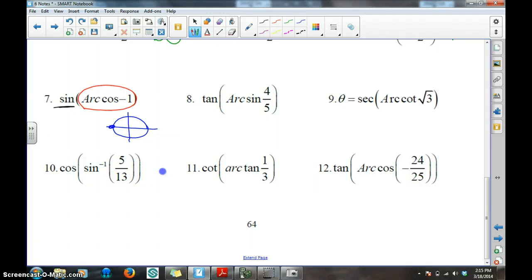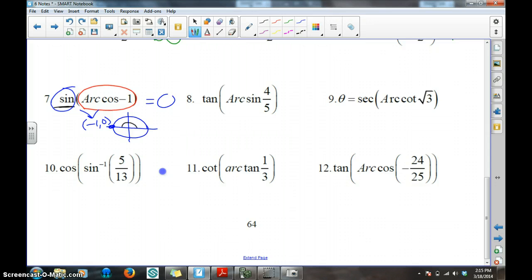It's right here. This is the coordinate -1, 0. Can everybody see it? 180 degrees. That means that the angle whose cosine is -1 is 180 degrees. Still good? Okay, now I want to take the sine of that same angle. If cosine is the x coordinate, then the y coordinate is 0. And I'm done.